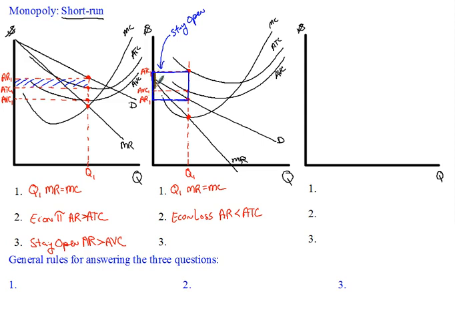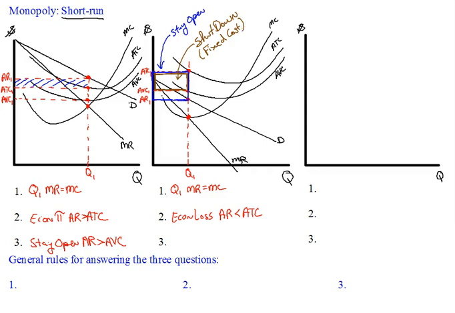So their loss if they shut down will be equal to their fixed costs, from average total to average variable. That will be the loss if they shut down, because they'll have to keep paying those fixed costs.